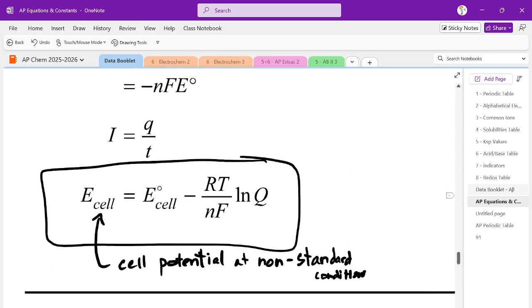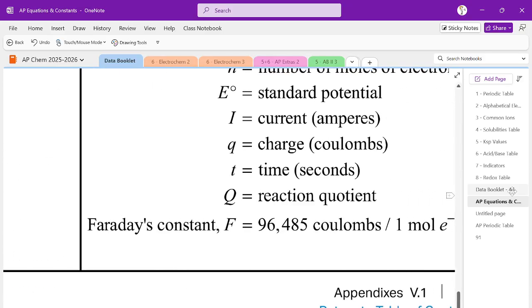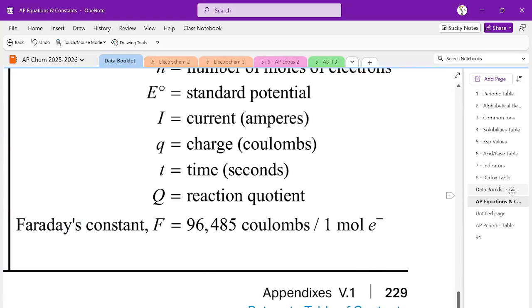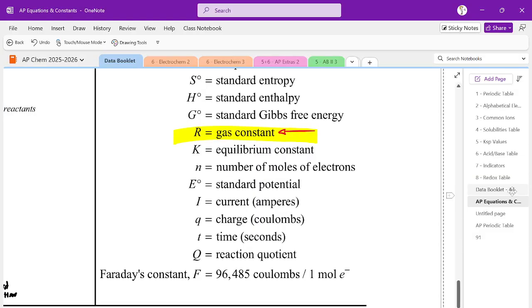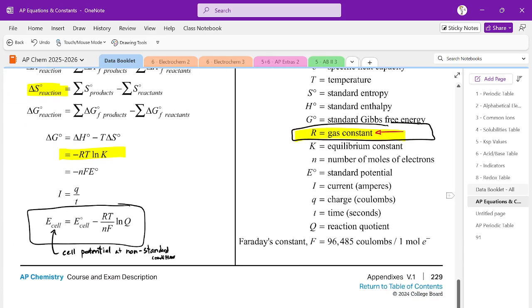Now, N is the number of moles. T is temperature. What is R? You guys should know R. R is the gas constant. Okay, so do they give you R here or do you have to go searching for R? Oh, they tell you R is the gas constant, but they don't tell you its value over here. Okay, so the nice thing about this is that you're like, oh my gosh, what are all these letters?